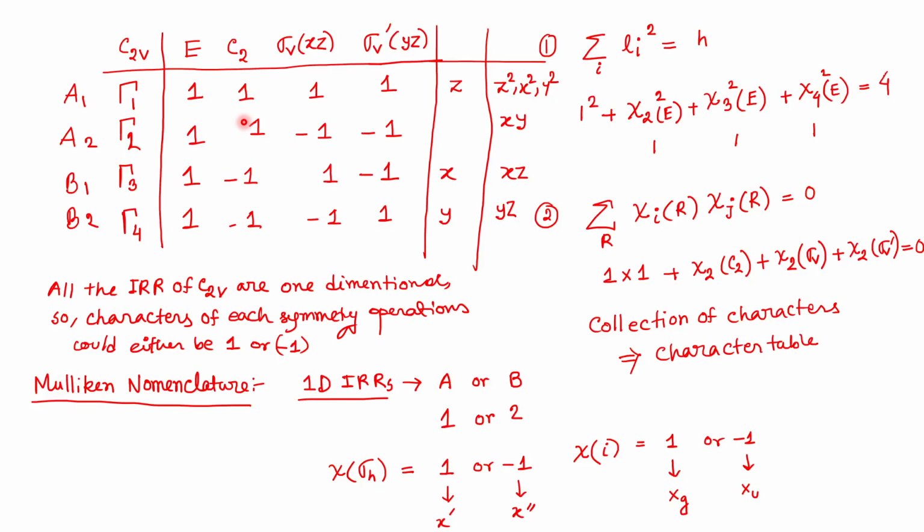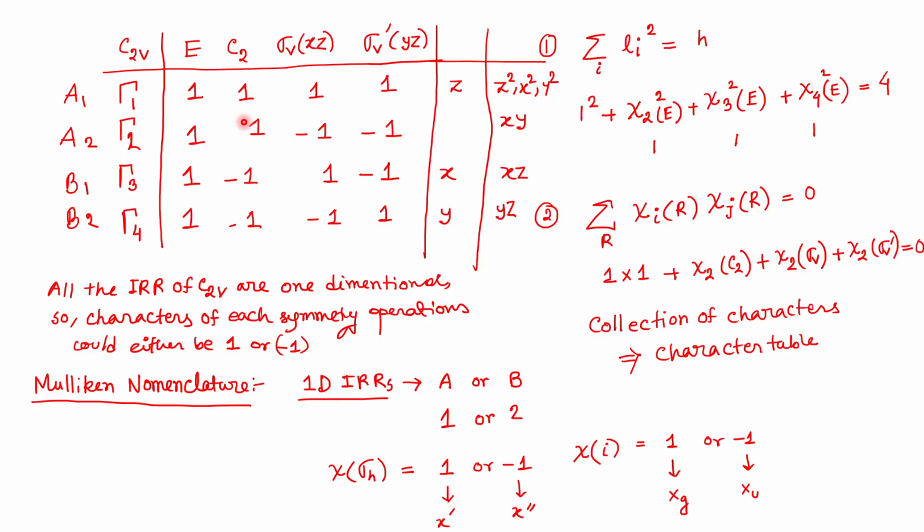Similarly, gamma 3 and gamma 4 are named B. Your gamma 3 is symmetric with respect to sigma v, but gamma 4 is antisymmetric with respect to sigma v. So that is why it is B1 and B2.